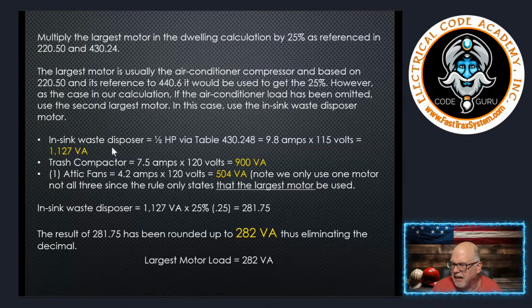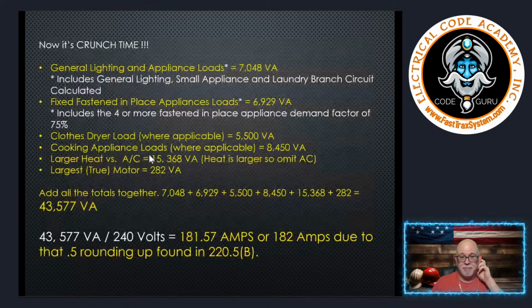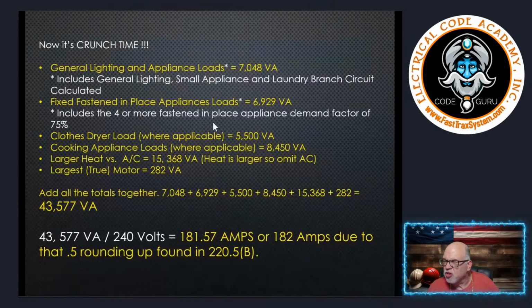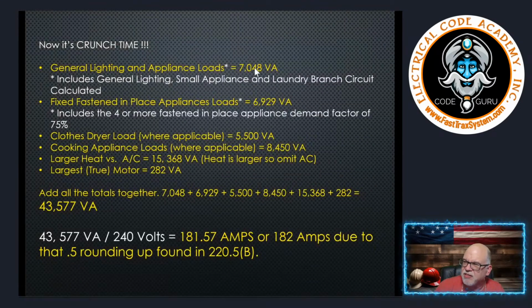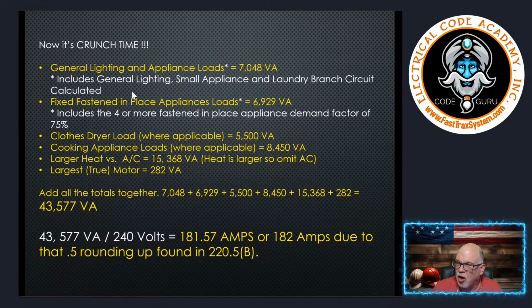Okay? All right. So what's the last step? We have to add all this up. Easy peasy. So there's our loads. We've got 7,048, and that includes all the general lighting, general use receptacles, small appliance and laundry, and we applied a demand factor to that. We have the fastened in place appliances. We applied a demand factor to that. So let's add that, 6,929.